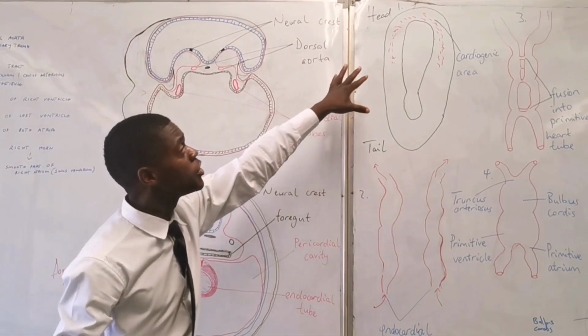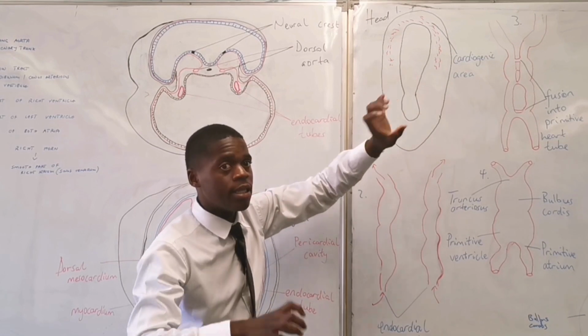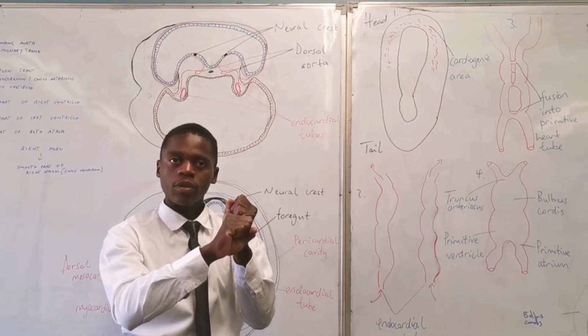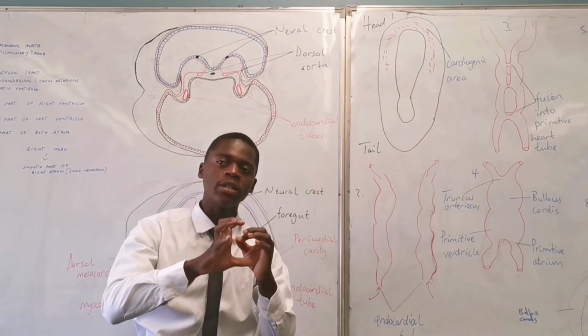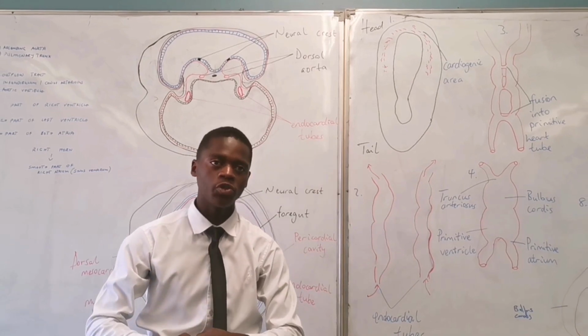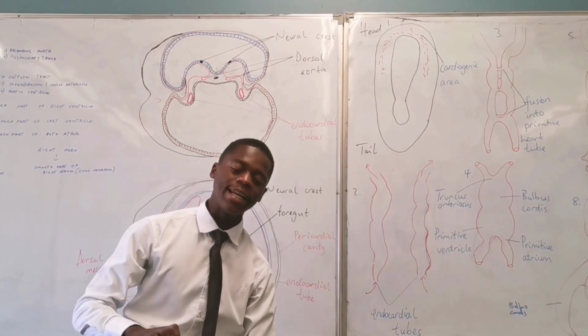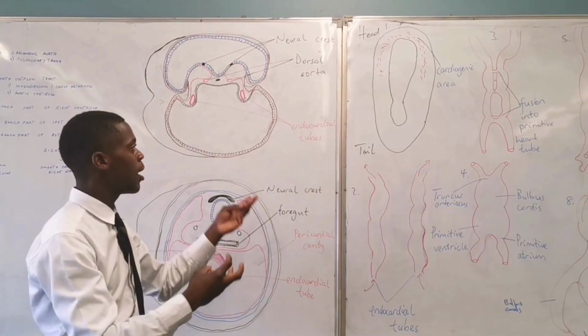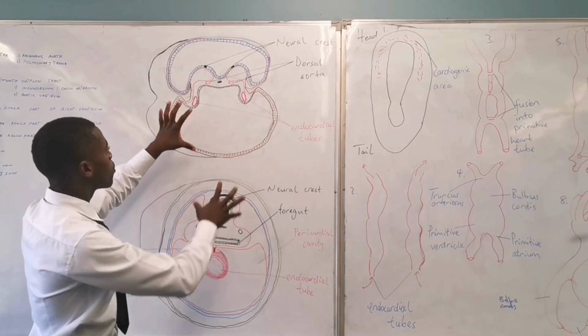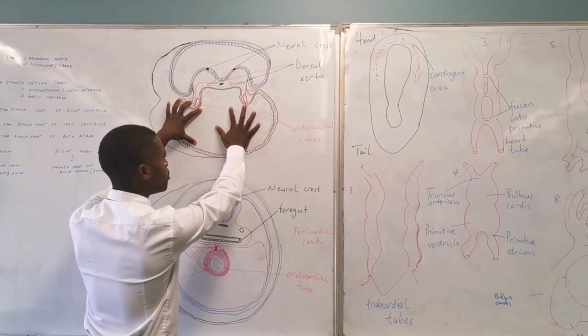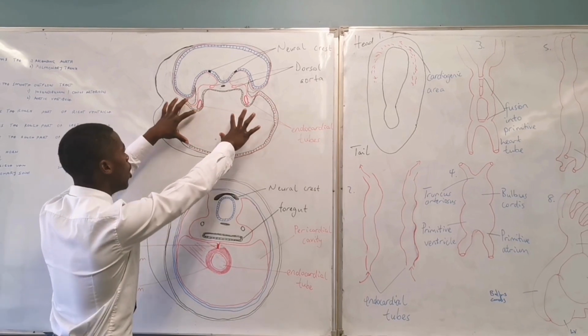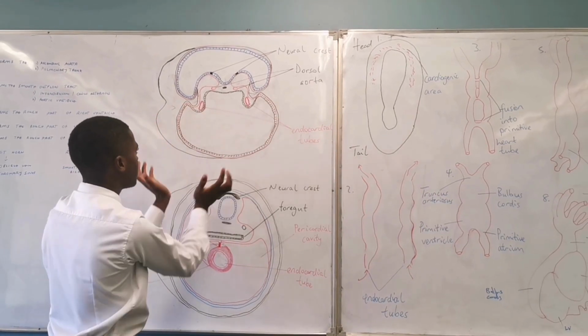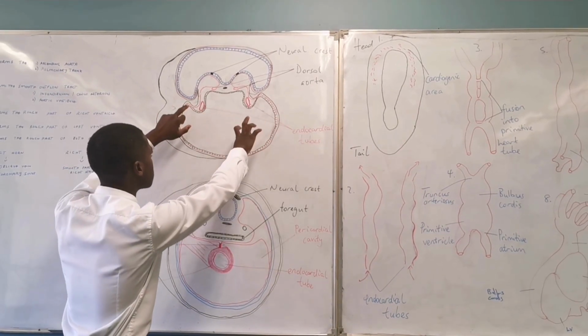These cardiogenic cells form a tube, and that tube undergoes canalization. When it undergoes canalization, that's when it becomes a heart tube. So we have these two endocardial tubes over here, and we need to pay particular attention to what happens in lateral folding.